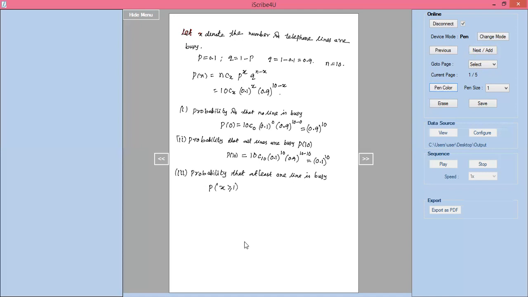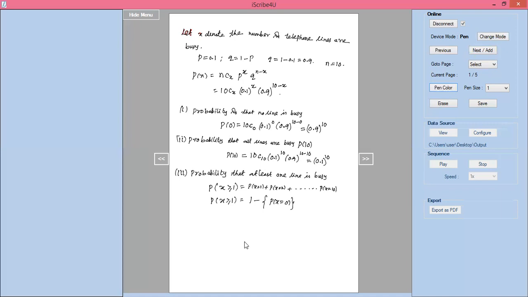So you have to write probability of x equal to 1 plus x equal to 2 and so on up to x equal to 10. Instead of writing this, I can write 1 minus probability of x equal to 0.